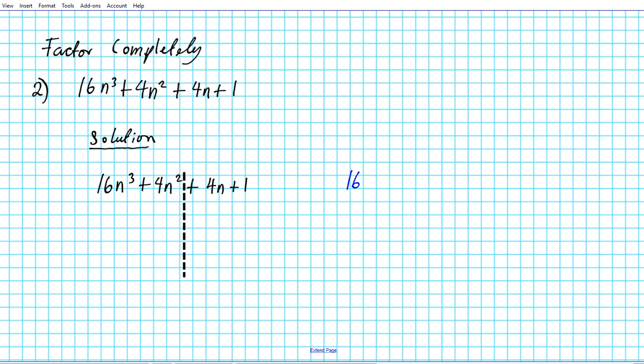Okay, so we have 16. Let's break this down completely. 16 can be decomposed: 2 goes into 16 8 times, 2 goes into 8 4 times, and then 2 goes into 4 2 times.